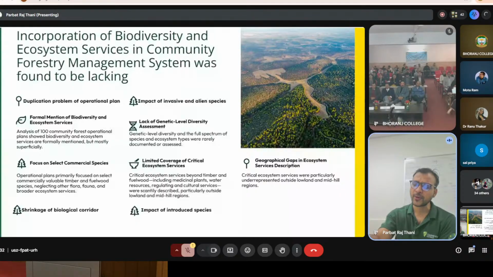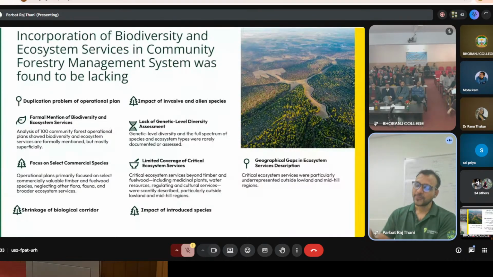Another was the formal mention of biodiversity and ecosystems. The operational plan, which is the Bible, the most important book for a community forest, had nothing about biodiversity and ecosystems. Even that term was not mentioned in the 100 different community forest operational plans we analyzed.